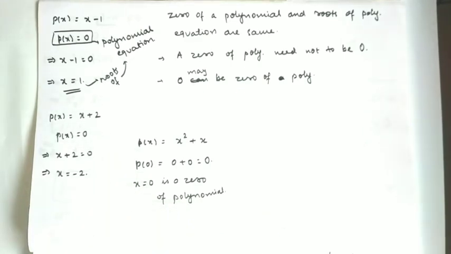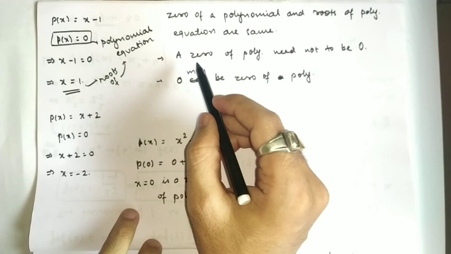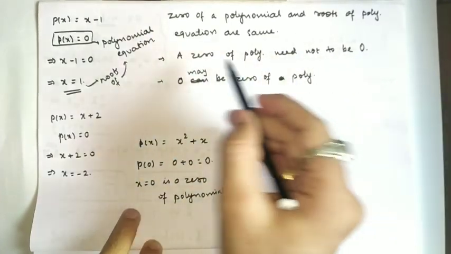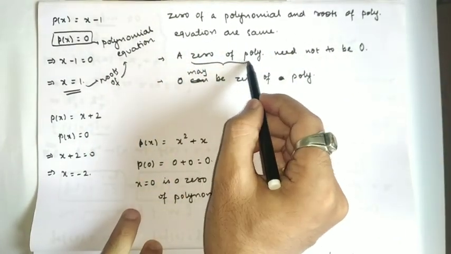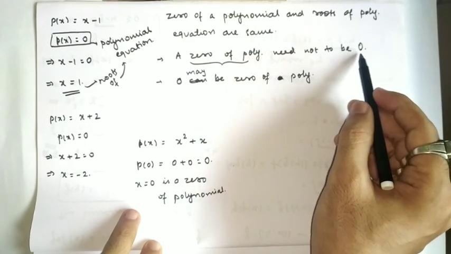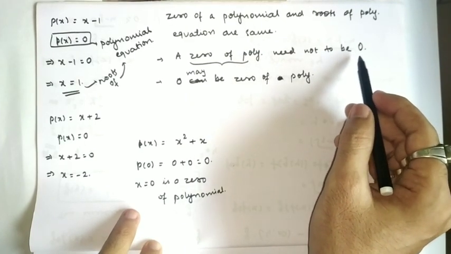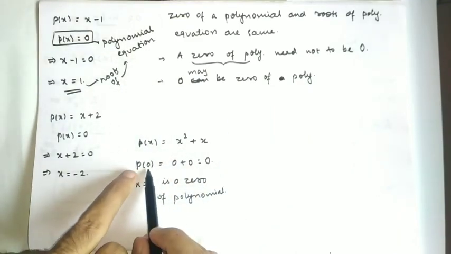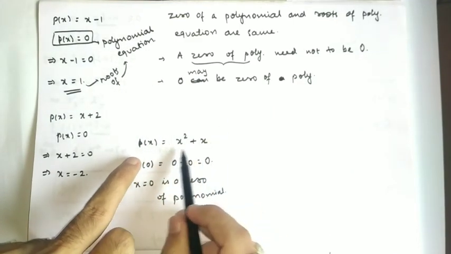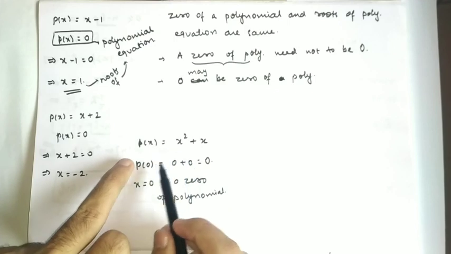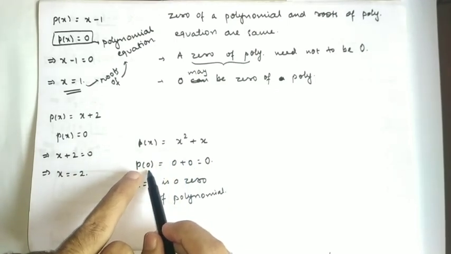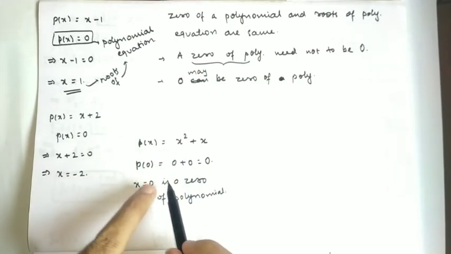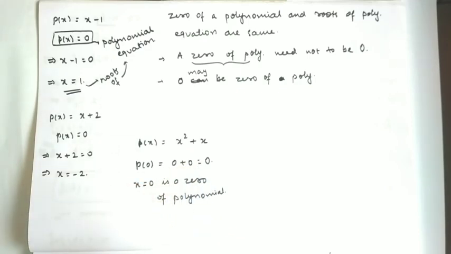What I am trying to explain here, few students relate something 0 to with this 0. This 0 of a polynomial is not necessary to be a 0. And 0 may be 0 of polynomial, that is, this kind of a polynomial may have x equals to 0 as the value which becomes 0 of a polynomial.